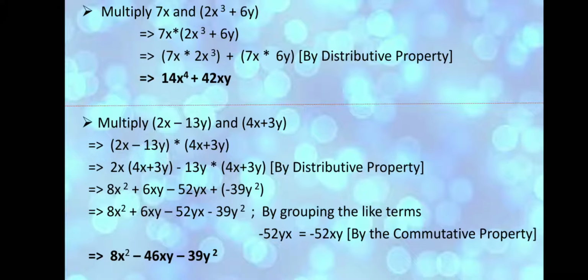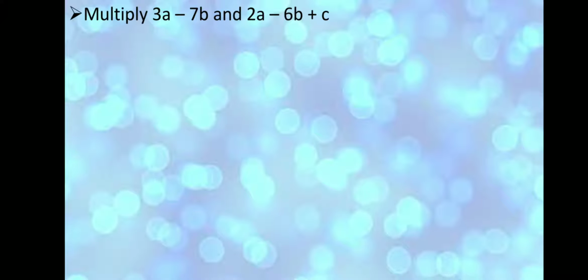So hope you are understanding the multiplication of algebraic expressions. Now, if they give you a sum to multiply 3a minus 7b and 2a minus 6b plus c. So first, what will we be doing? We'll be putting a multiplication symbol.